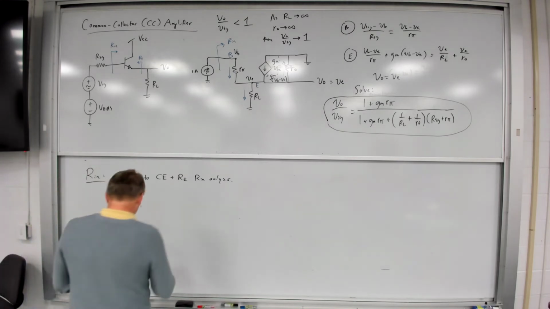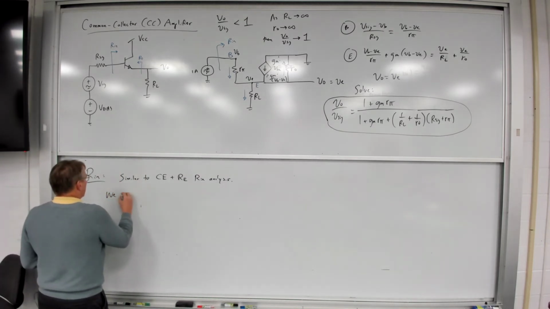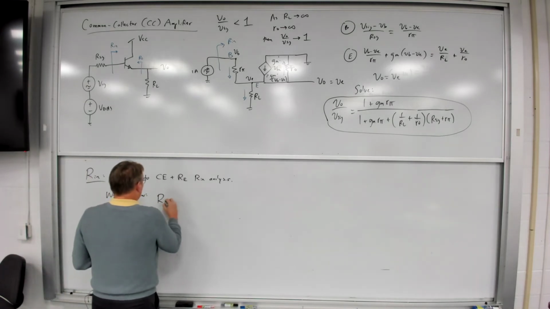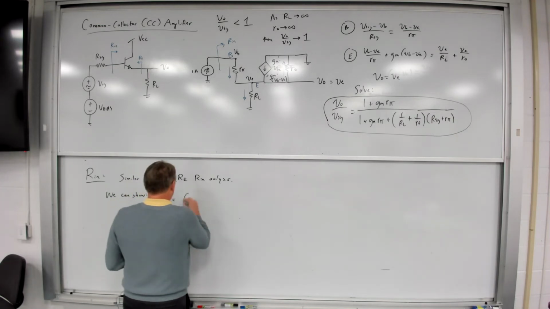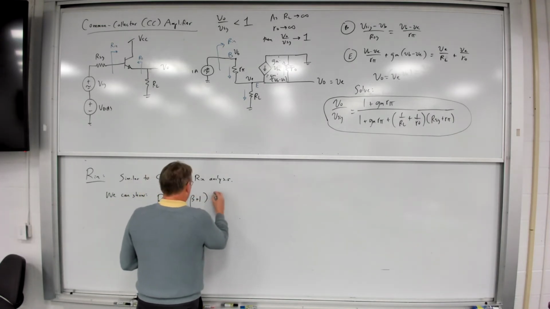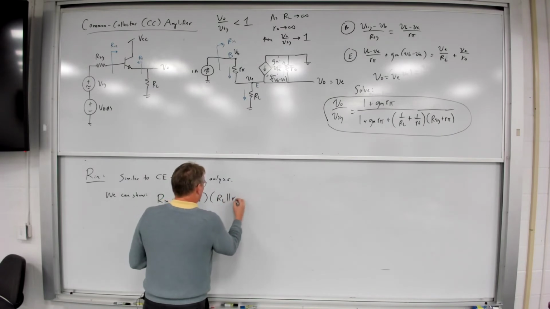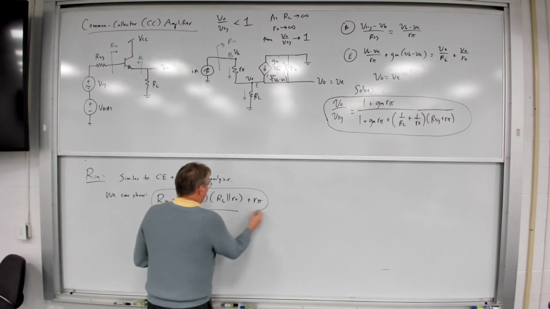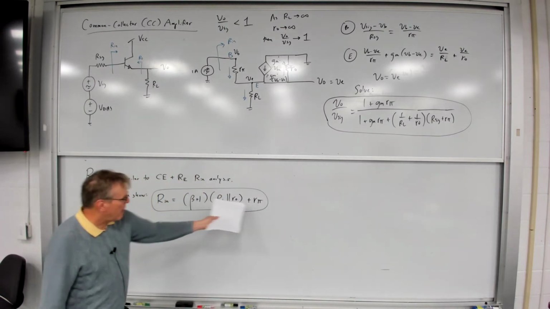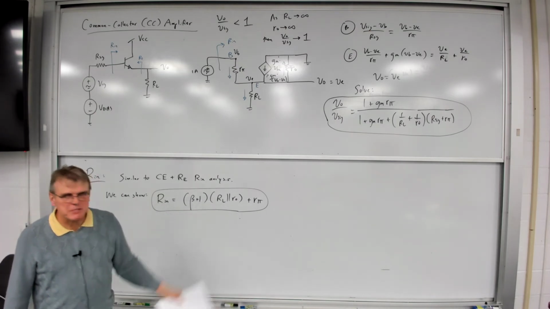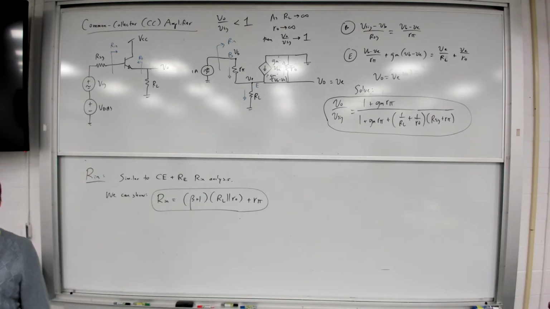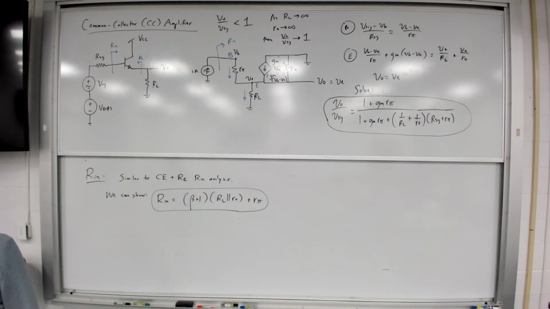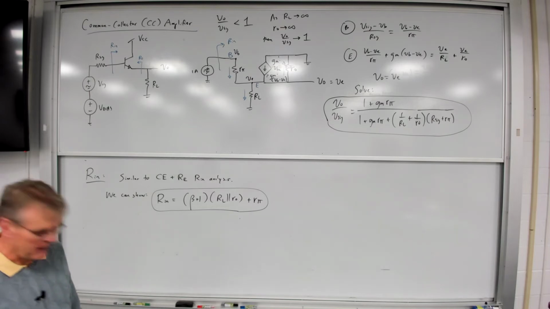And we can easily show that Rn is equal to R pi plus beta plus 1 times the resistance at the emitter, which instead of being RE before is now RL in parallel with a little r sub o. So same problem, no point in repeating it.